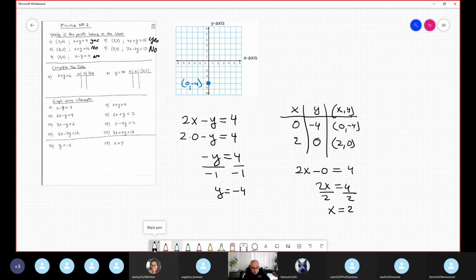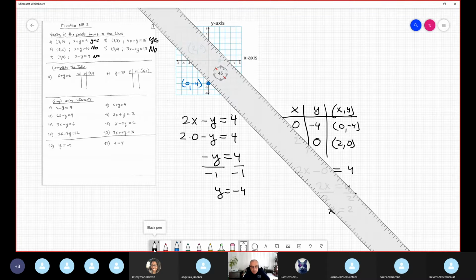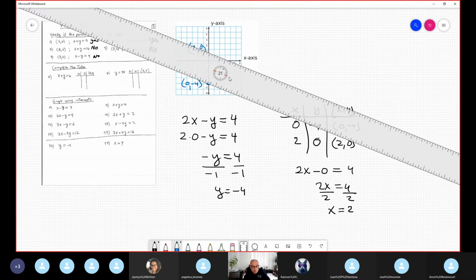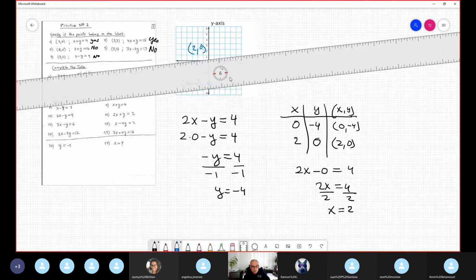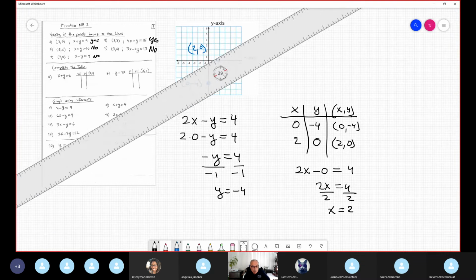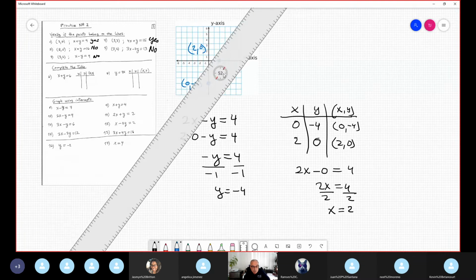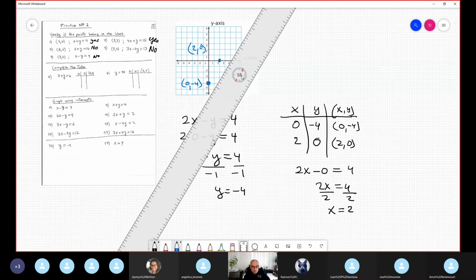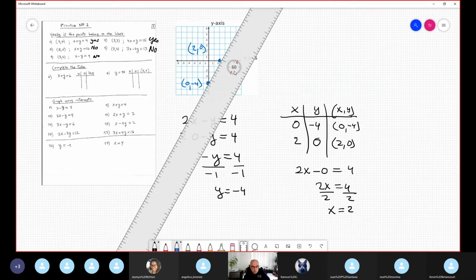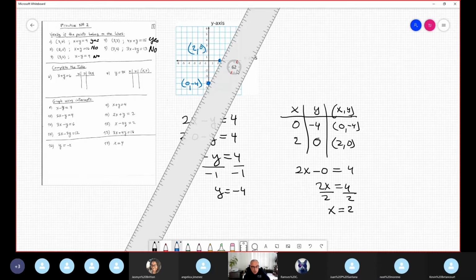On the x-axis, 2, 0 is, I suppose, here. This point is the point 2, 0. And now we connect. Red color.